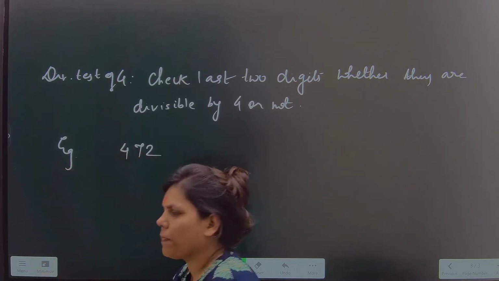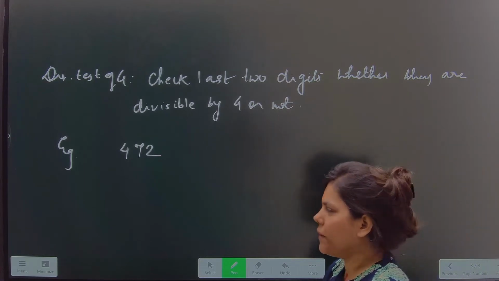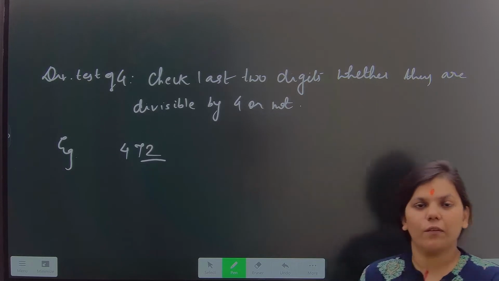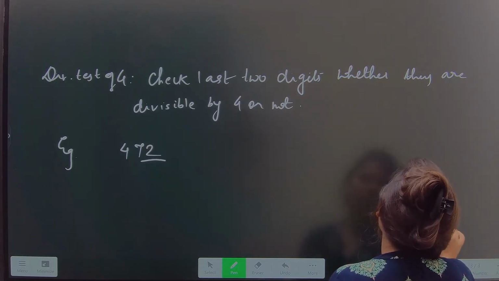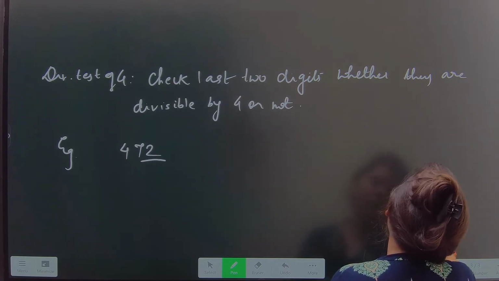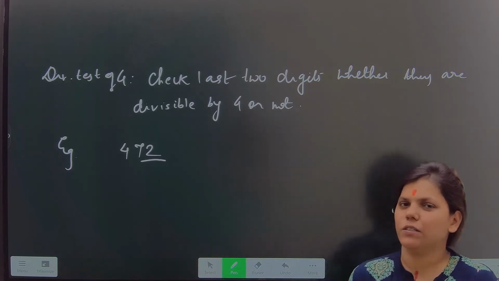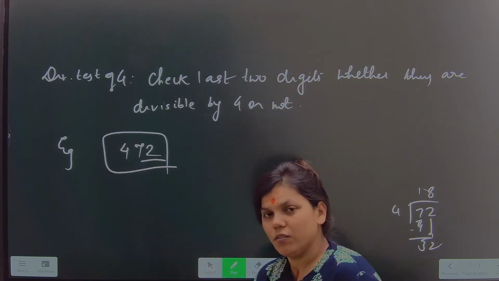Now, what is the last two digits of this number? So it is 72. Now you need to check whether 72 is divisible by 4 or not. So 4 ones are 4, remainder 3, 4 eights are 32. So yes, 72 is completely divisible by 4. Hence, 472 is divisible by 4.